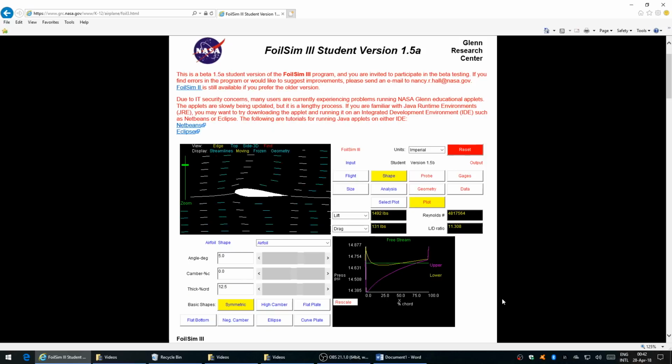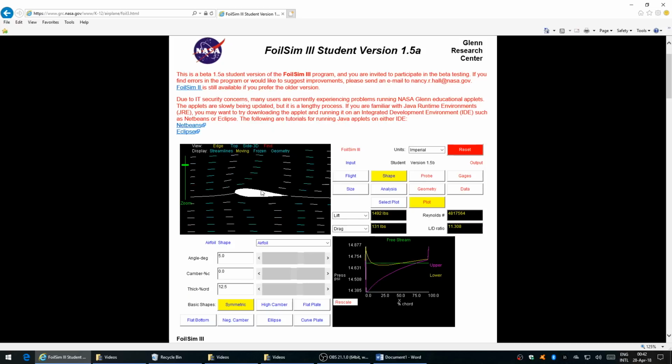So here's the simulator, and yes, it's on the NASA website. It's an excellent tool for visualizing the way a wing's aerofoil works, and you can adjust all the parameters and see the effect on drag ratio, on pressure distribution, and various other factors. But let's just look at the elements that we discussed in the briefing.